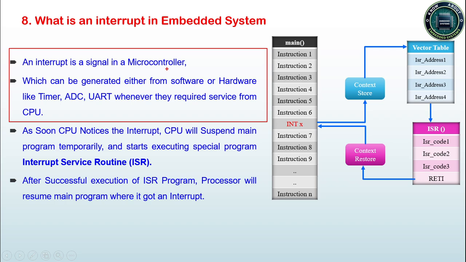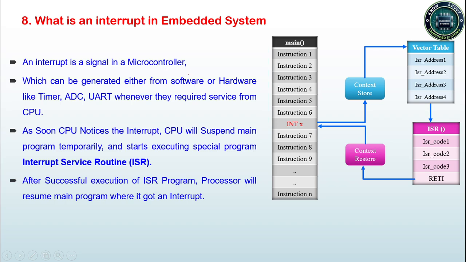Okay, so now let's try to understand in a simpler way how interrupts work. Let us assume my CPU is executing a main program here, but in the middle I got an interrupt. Whenever you get an interrupt from various sources, the processor will pause your main program. As soon as the CPU notices the interrupt, it will suspend the main program temporarily.